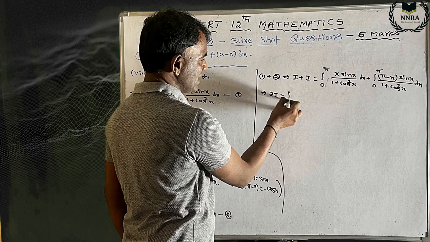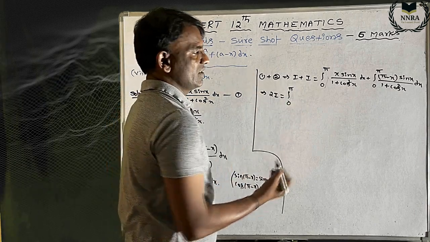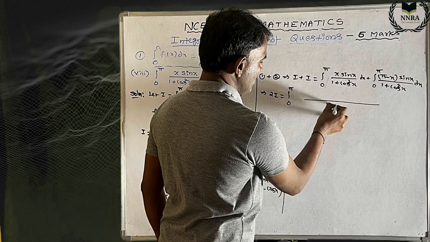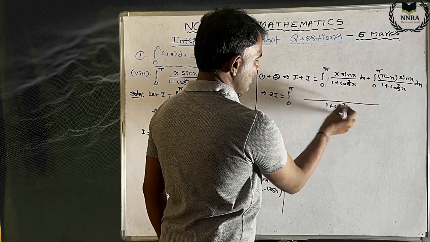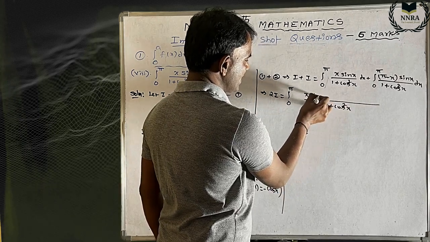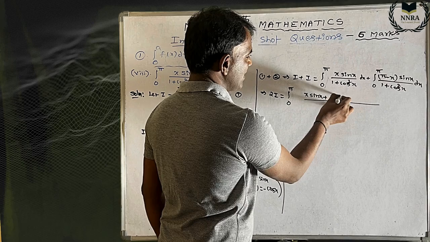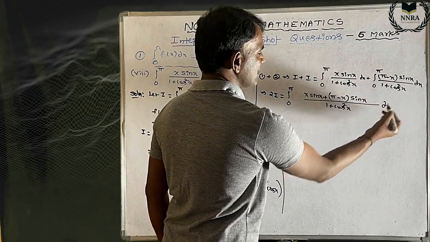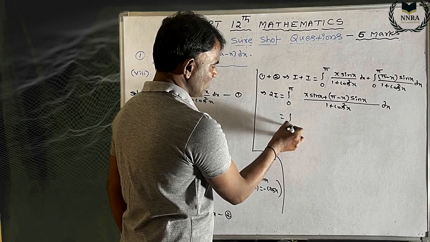Now it is integral 0 to pi. So both the denominators are same. Then how to write that? 1 plus cos square x, right? And it is x into sin x, then pi minus x into sin x, then dx. Now integral 0 to pi.